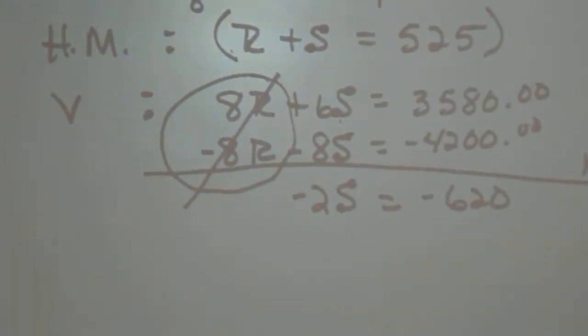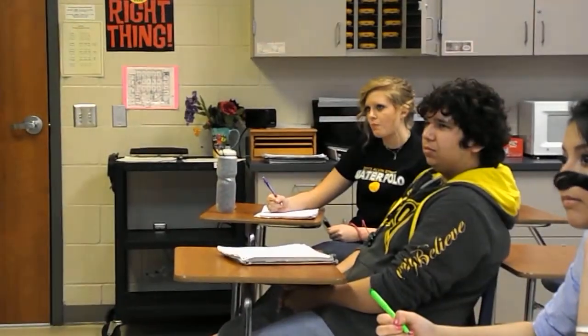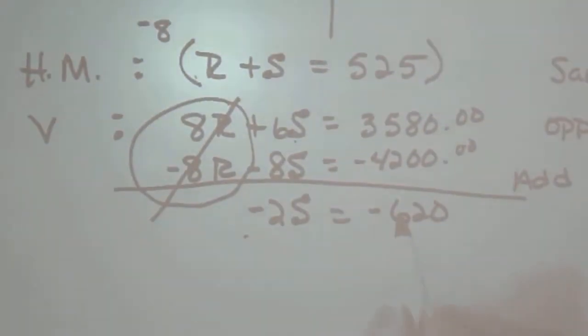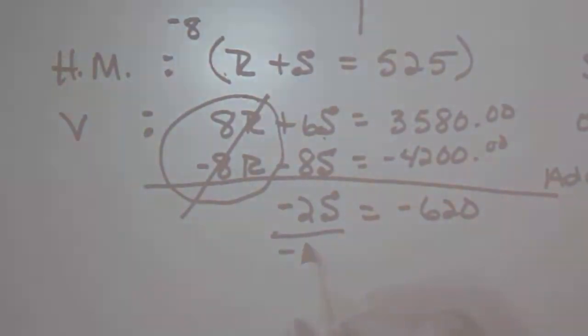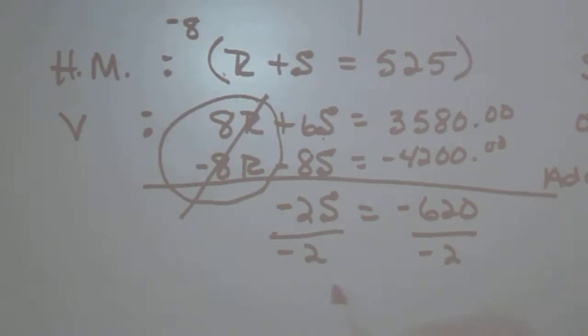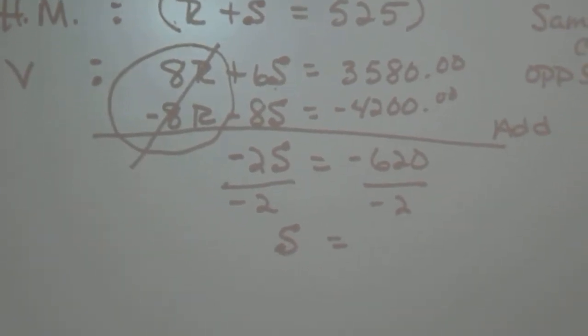All right, what would you do next? Divide by -2. Notice that they're both negative, aren't they? Our final answer better come up to be a positive number. Otherwise, we did something wrong. Divided by -2. And can we do that without a calculator? 310.